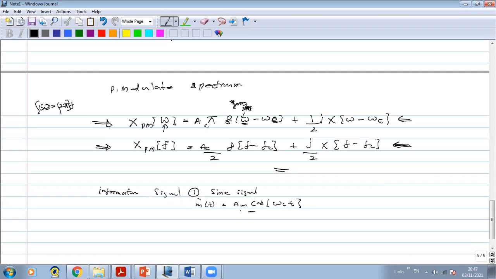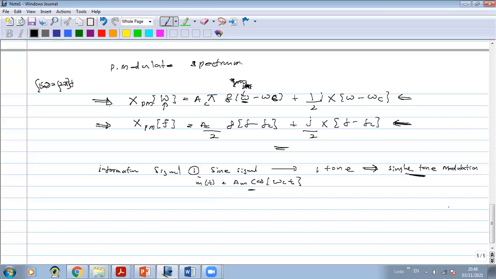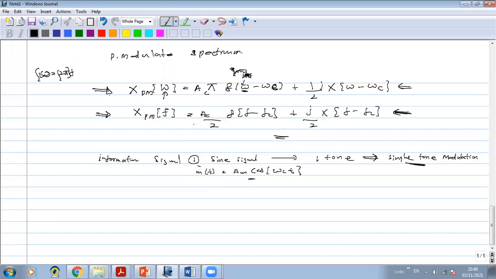It is a sinusoidal signal, and one sine signal means one tone is there. So sometimes we call it single-tone modulation. If we have this kind of signal, then this is our frequency spectrum.